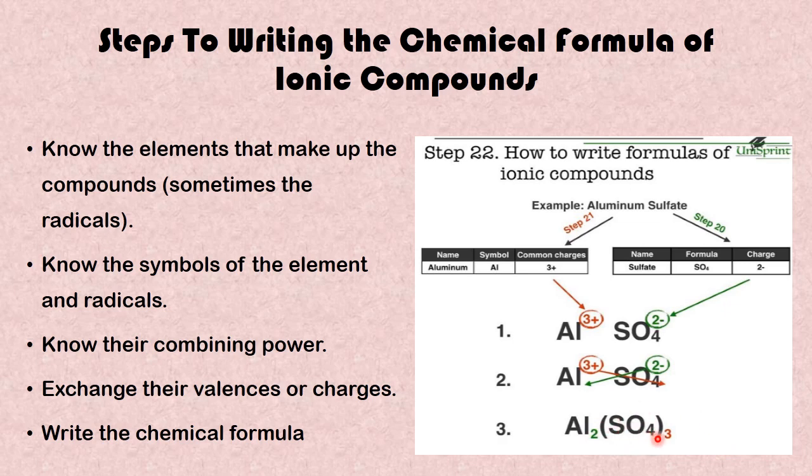Now if you are wondering why we have the subscript 3 right here, with the sulfate in brackets, well, this shows that everything inside the bracket carries the 3, or the 3 reflects on everything inside this bracket.